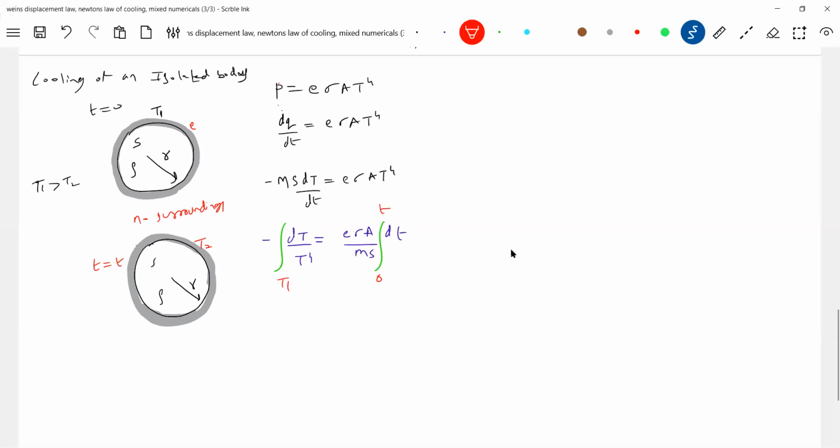At any time t, let the temperature be T2. Okay, this will become T to the power of minus 4 dT. Look carefully at the limits I gave in red color. So the integral will be T to the power of minus 3 by minus 3, from T1 to T2.